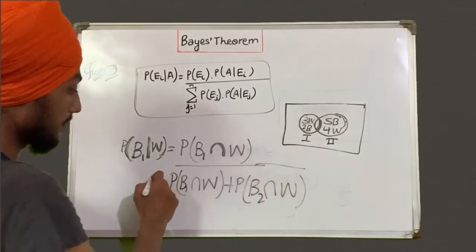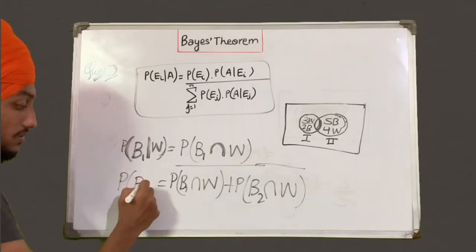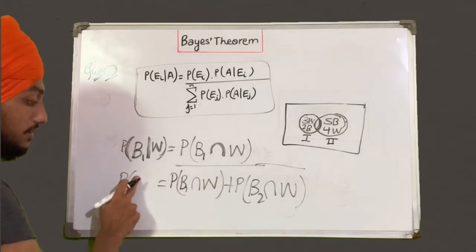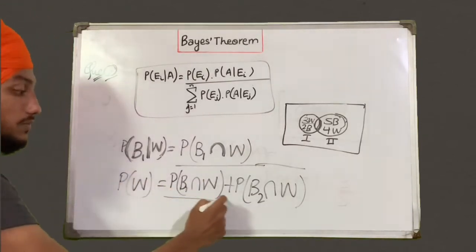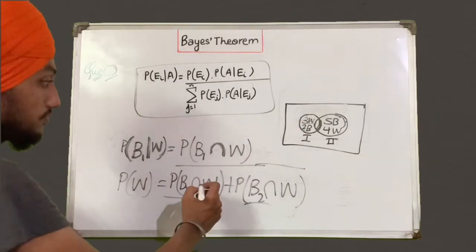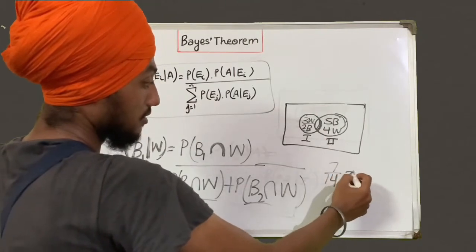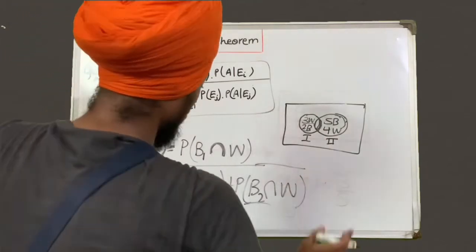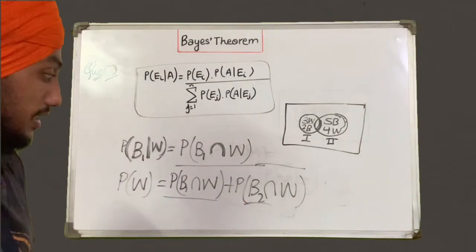This is the total probability theorem which we learned earlier, the probability of finding a white ball from both bags, that is simply going to be 7 upon 14. So let's first calculate this particular thing.